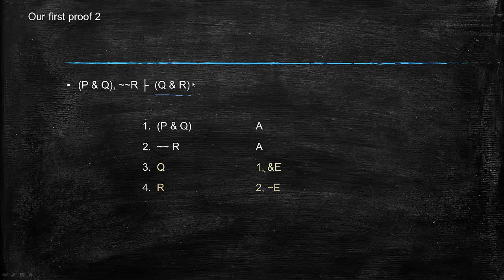So now I'm going to write R by line 2 and negation elimination. So with negation elimination, we've eliminated the negations, and we've written R. And then you say, oh, well, now I've got Q and R. So now I can just write Q and R by line 3 and line 4 and introduction.